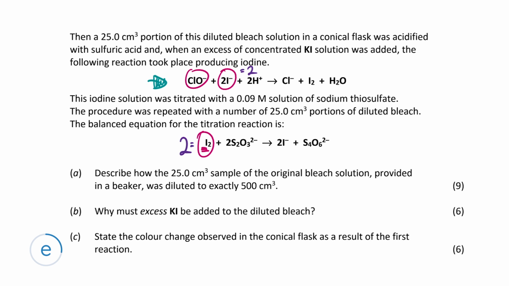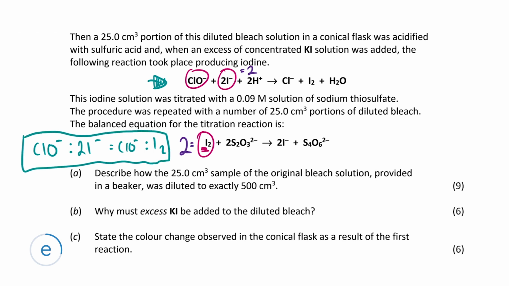The relationship we can look at here is that the ClO- ratio to our 2I- is the same as our ClO- ratio to I2. Let's put that in a box here. It is the same relationship because the number of I2s present is the same in both, and it means we can relate the two of them directly together.